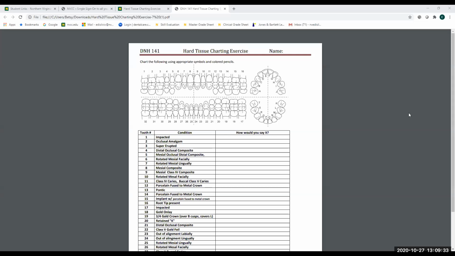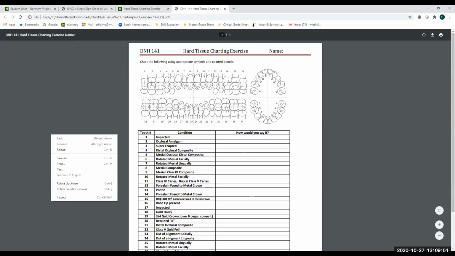Okay, let me see if I can get this up so I can screen share. This is the assignment. Are you seeing this hard tissue charting exercise? Yeah, I saw. Okay. So this is the assignment, and what you need to do is go through and chart. Number one is impacted. So how would you chart an impacted tooth?